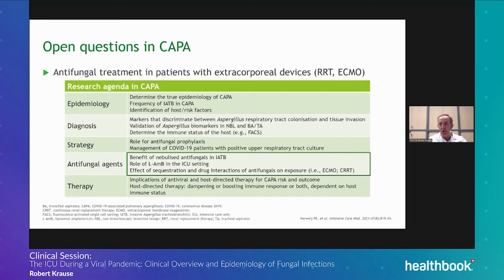There are 2 studies that showed that with nebulized antifungals we can prevent fungal infections at the ICU, mainly invasive aspergillosis.